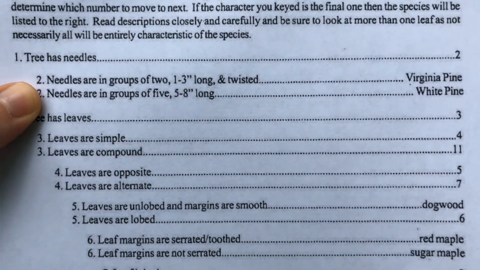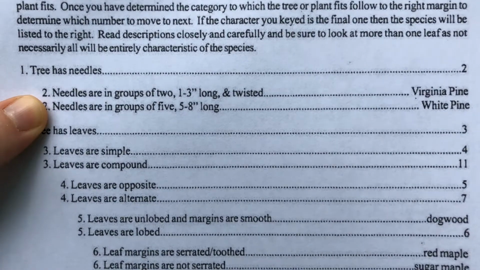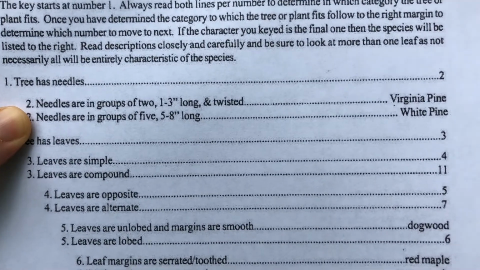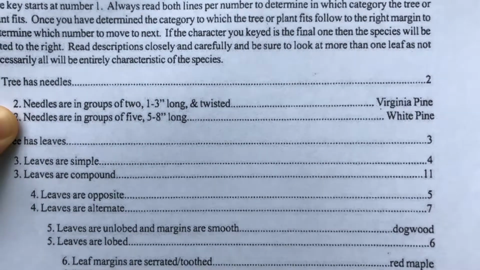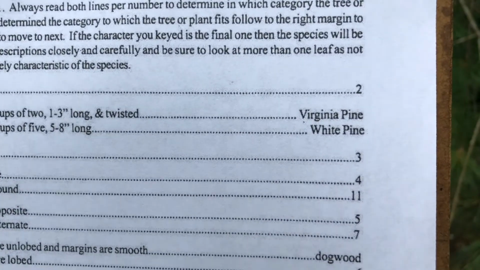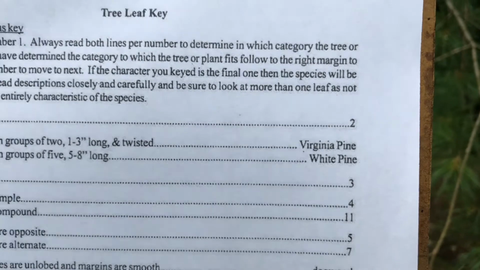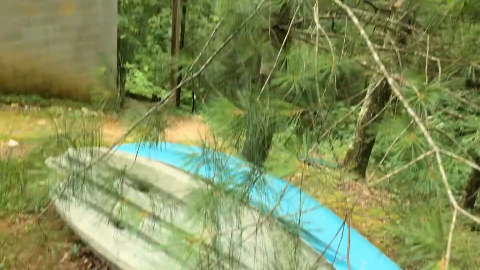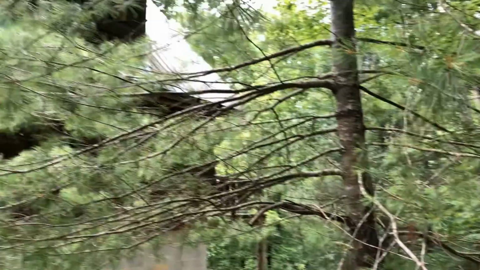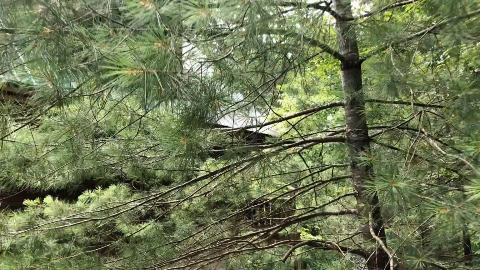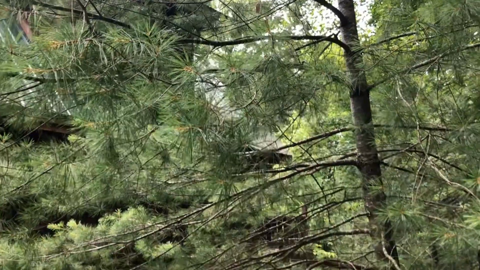So these needles are in bundles or groups of 5, and they're pretty long. So you follow that little dotted line, and it shows that this tree is a white pine tree. So we've identified our very first tree.